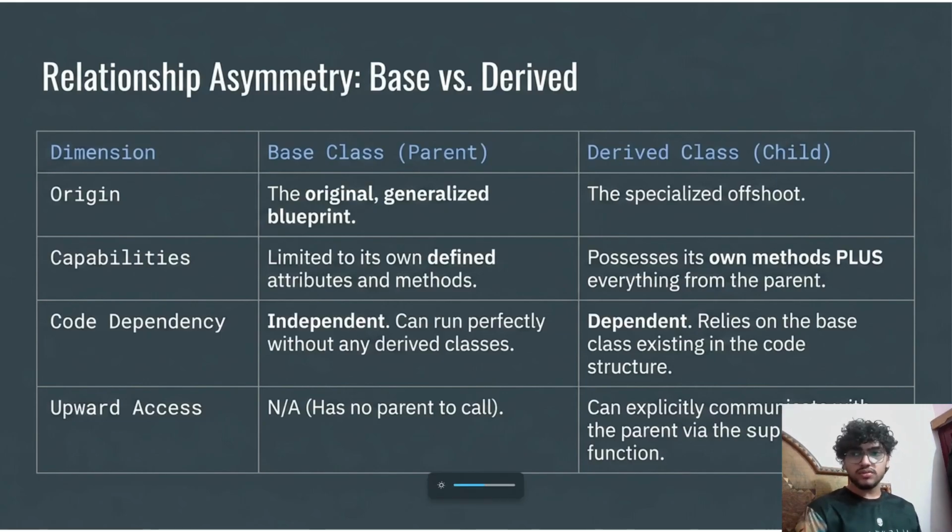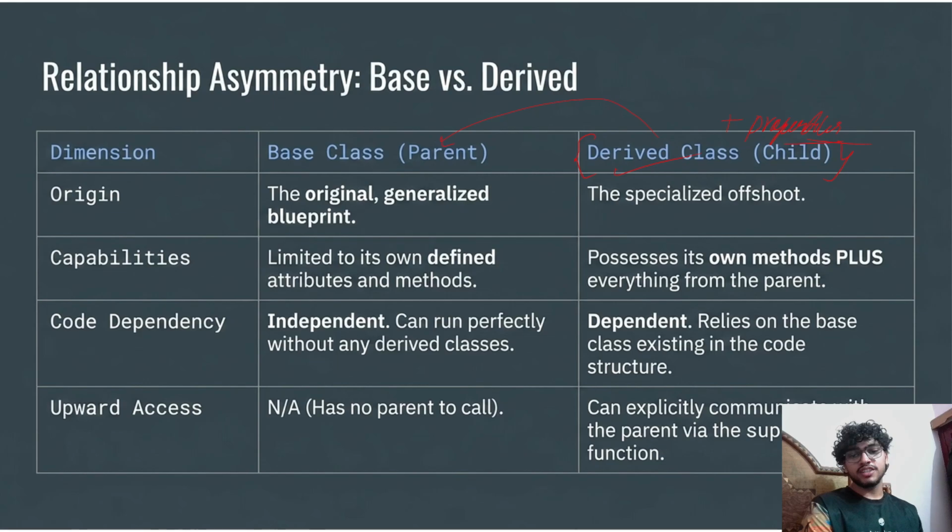Dimensions. The origin of the base class is a generalized blueprint, and the derived class is a specialized offshoot. Basically, the derived class has been derived from the parent class, so all the properties of the parent class are in the derived class plus its own properties. Capabilities: the base class is limited to its own defined attributes and methods, while the derived class possesses its own attributes plus methods plus everything from the parent class.